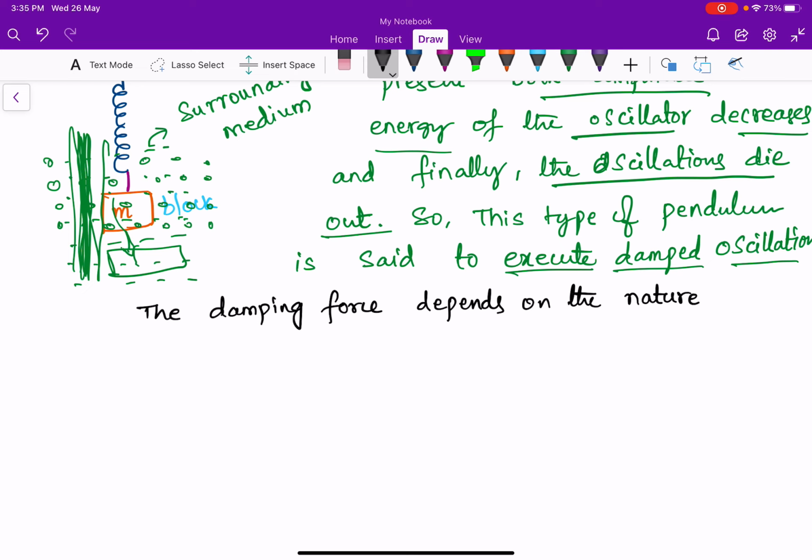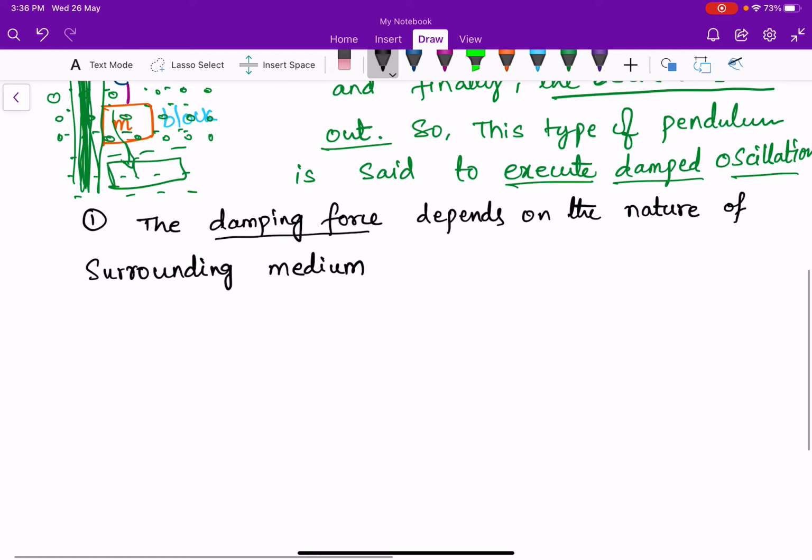For example, if the surrounding medium is air, the damping is less, and if the surrounding medium is water, the damping is more as compared to air. If the surrounding medium is thick oil, the damping is very large compared to both water and air.